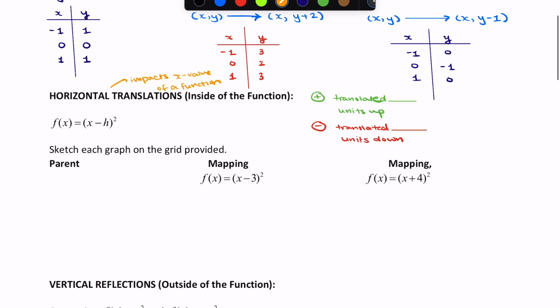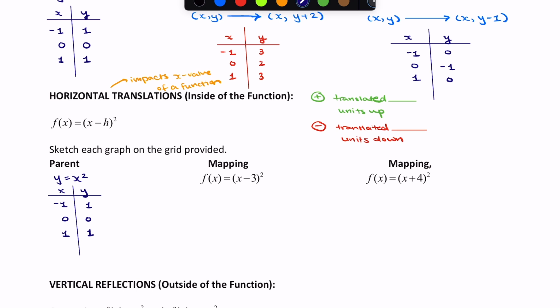And so here we have our horizontal translations, and our parent function stays the same. Again, our parent function is still y = x², and our parent function doesn't change. So here we have our (x, y) values: for x we have -1, 0, and 1, and for our y values, we have 1, 0, and 1.